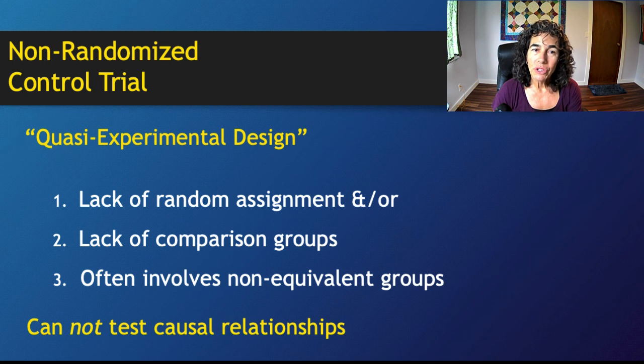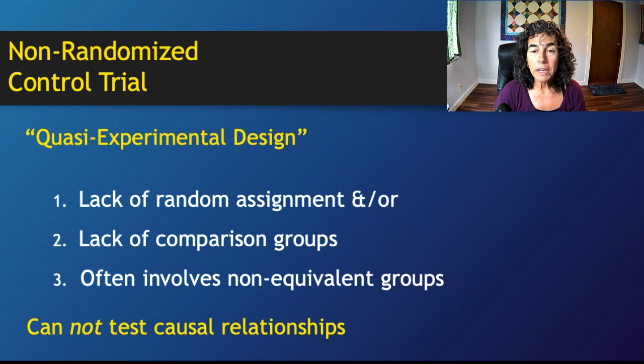Now let's turn to a non-randomized controlled trial. This is also known as quasi-experimental design. In this, as compared with the RCT, there may be a lack of random assignment and or a lack of comparison group.